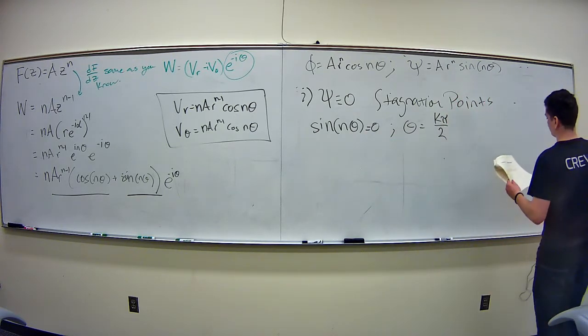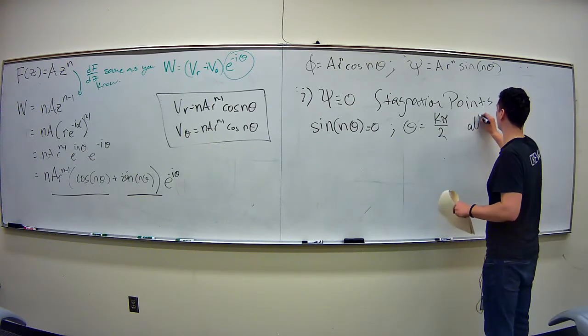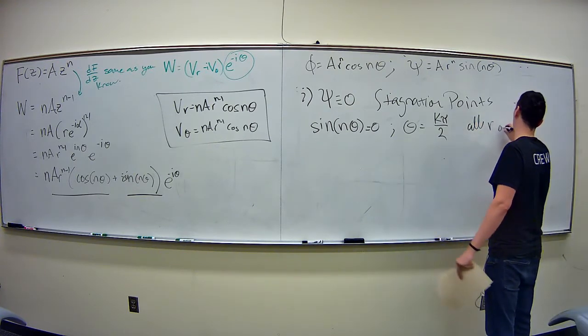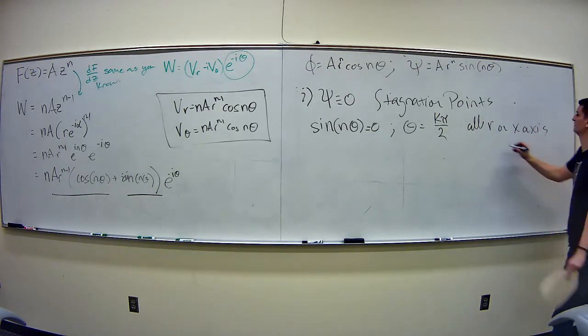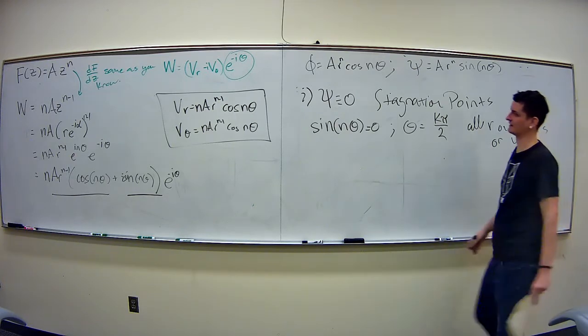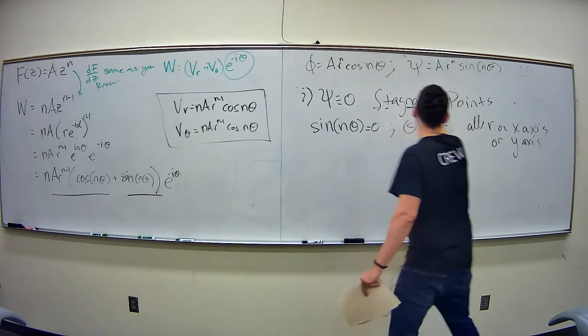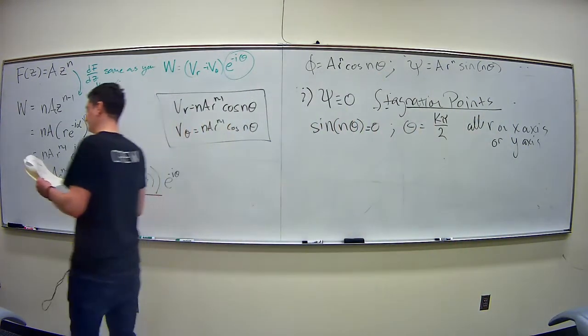So n has to be an integer, by the way. So stagnation, where this is true for all values of r on the x-axis or the y-axis. So that is modeling where the stagnation points on this type of flow are occurring.